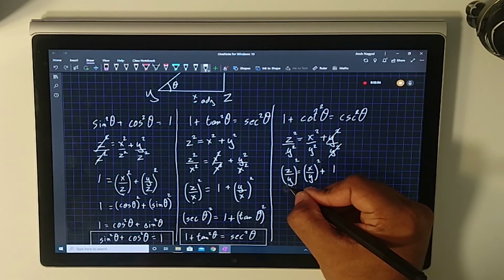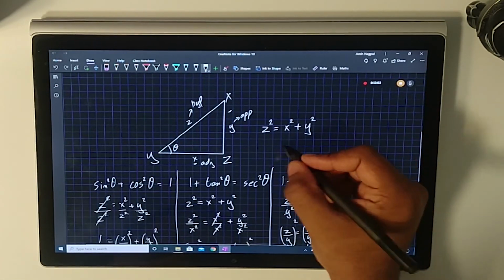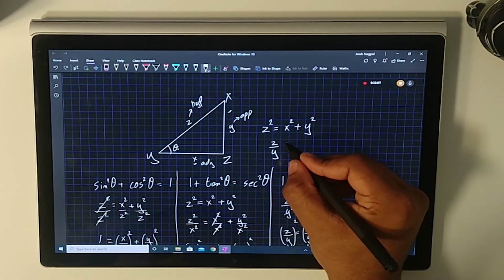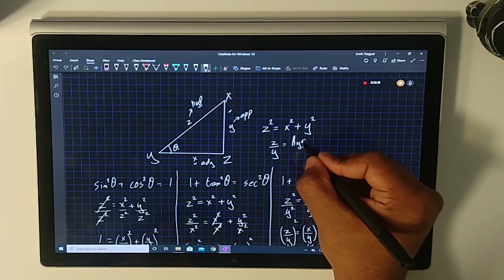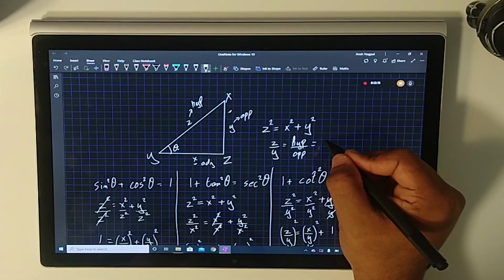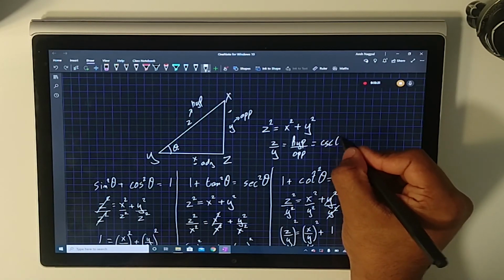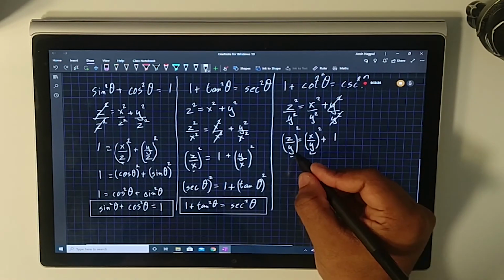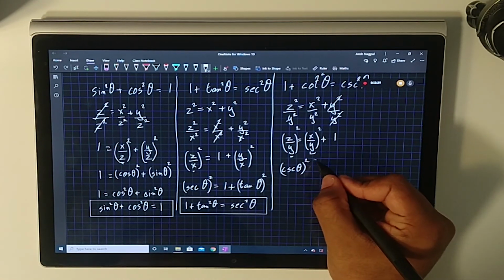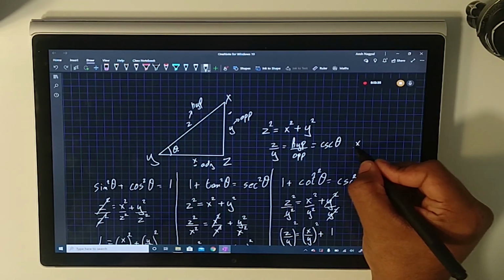Now again, we'll look at what trigonometric ratio z over y and x over y are. If this is our angle theta, what is z over y? Z is our hypotenuse and y is our opposite. So z over y, hypotenuse over opposite, would be cosecant theta. So I can replace z over y with cosecant theta whole square. Now let's look at x over y.